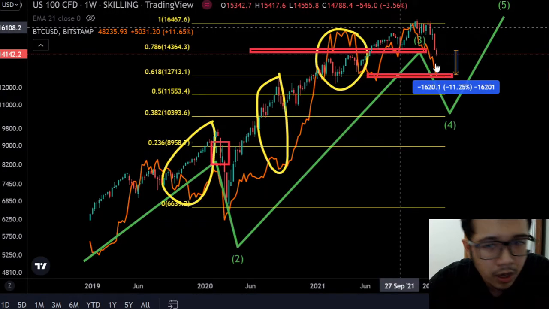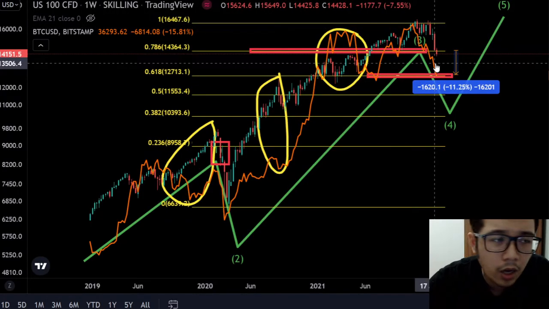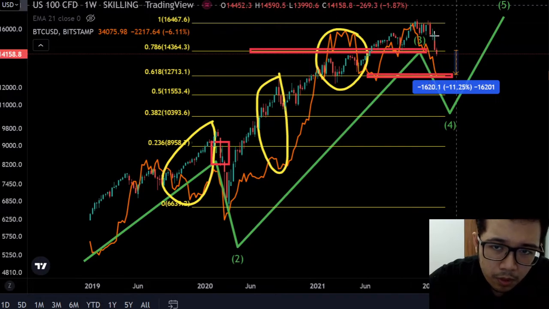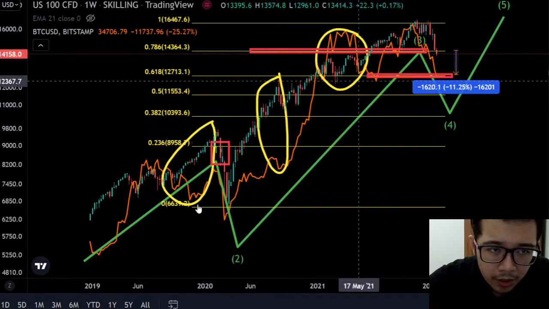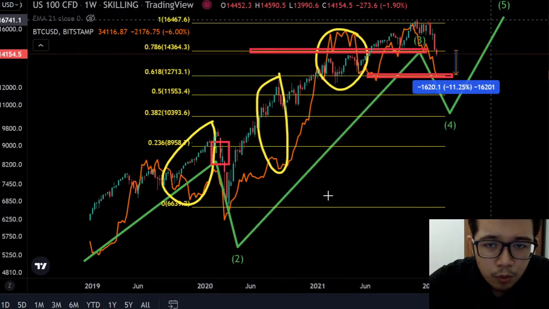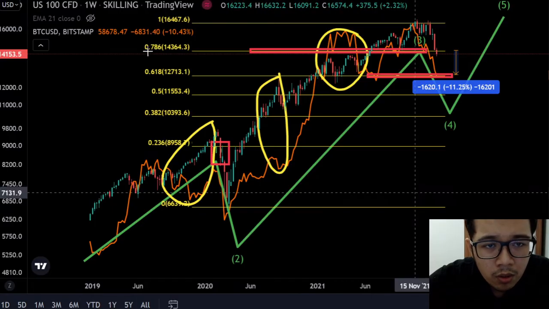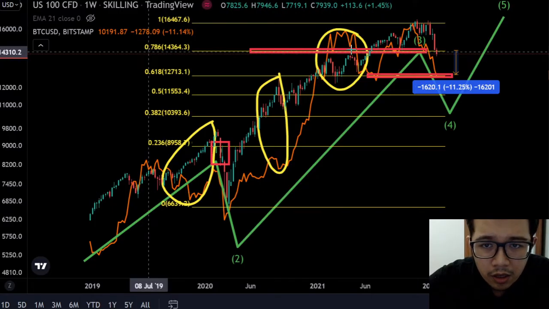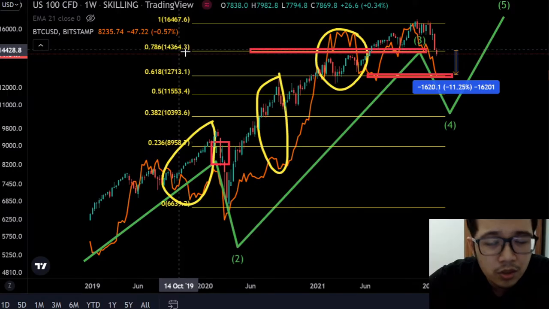Maybe that's the reason why Cardano cannot survive. But if you draw this line from the top down to the bottom here using the Fibonacci retracement, from the high to the bottom, you can find 0.78 here. This is the first resistance, the first support.